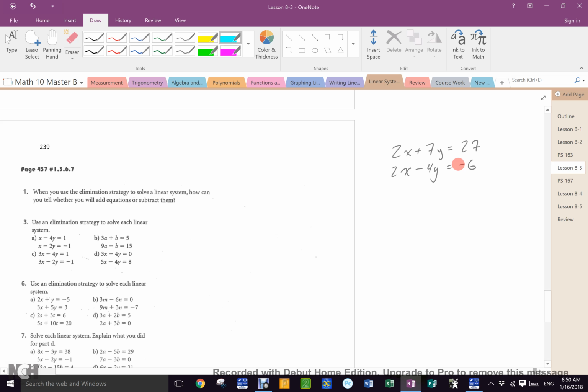So as long as you can make one of the variables disappear, are you still okay? Is there another thing you could do to make one of these variables disappear? You could subtract instead of add. Is everybody with me? So if I just subtracted here, 2 minus 2 is what? 0. What's 7 minus 4?